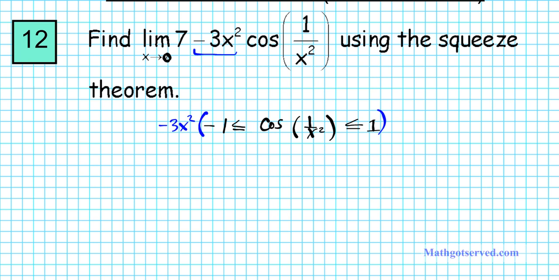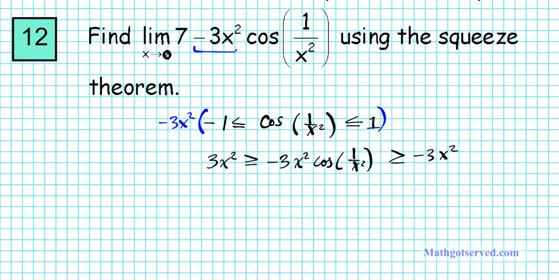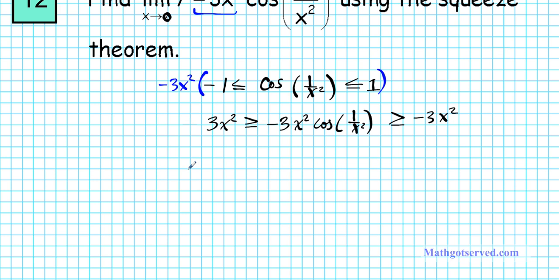So we're going to have positive 3x squared is greater than or equal to negative 3x squared cosine(1 over x squared), and that's greater than or equal to negative 3x squared. Okay? Now let's write it in increasing order. So we have negative 3x squared is less than or equal to negative 3x squared cosine(1 over x squared), and that's less than or equal to 3x squared.